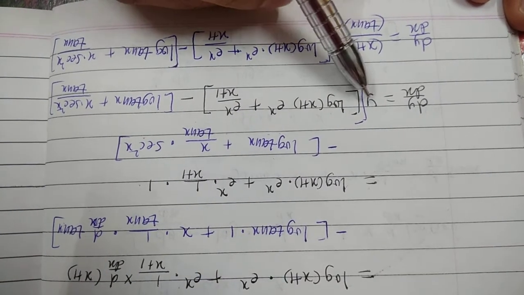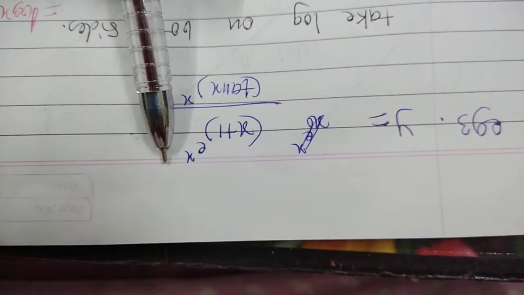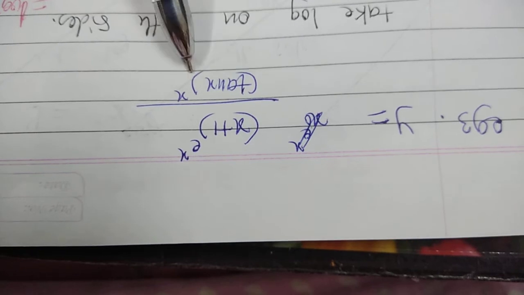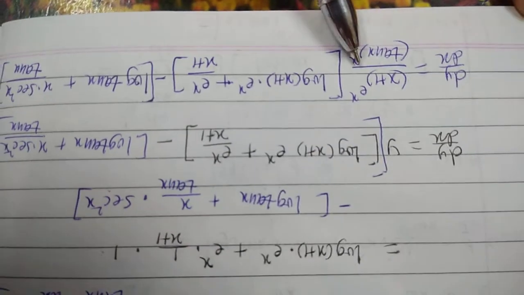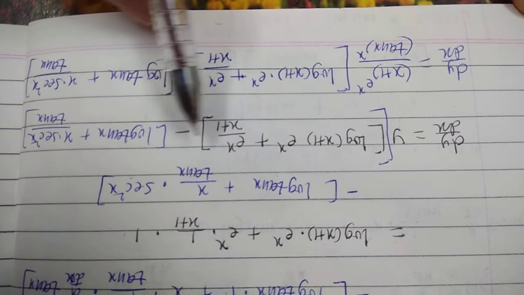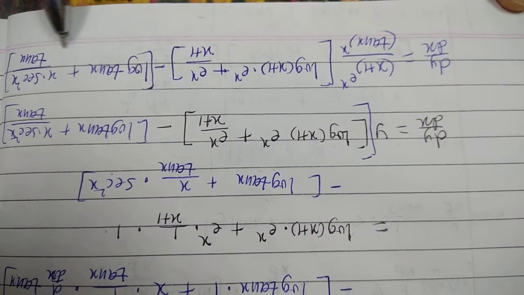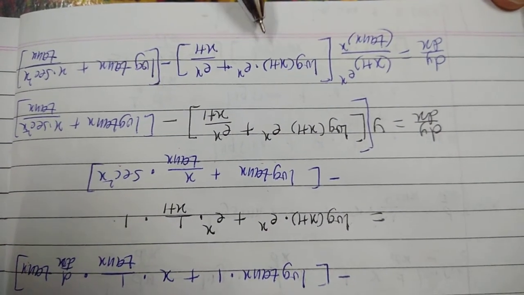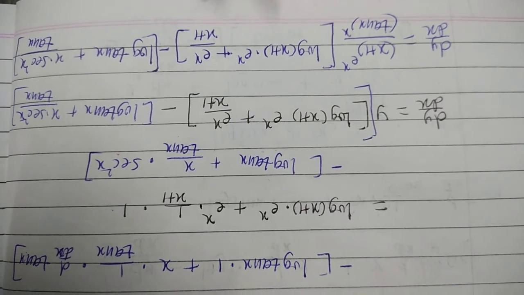So the whole main question, y equals x plus 1 raised to e raised to x upon tan x raised to x, we will substitute here, and the whole other derivative term we will write here. So this is how we have to find the derivative. So thank you.